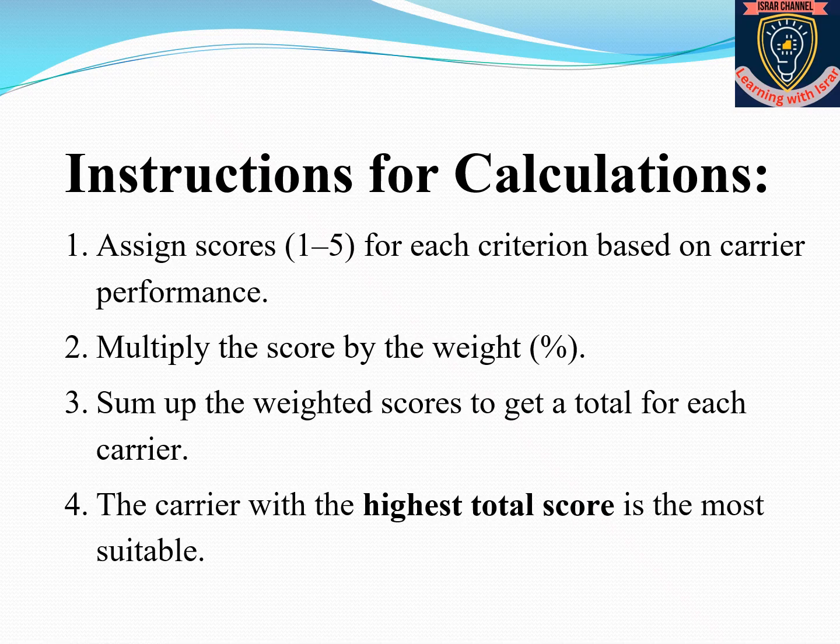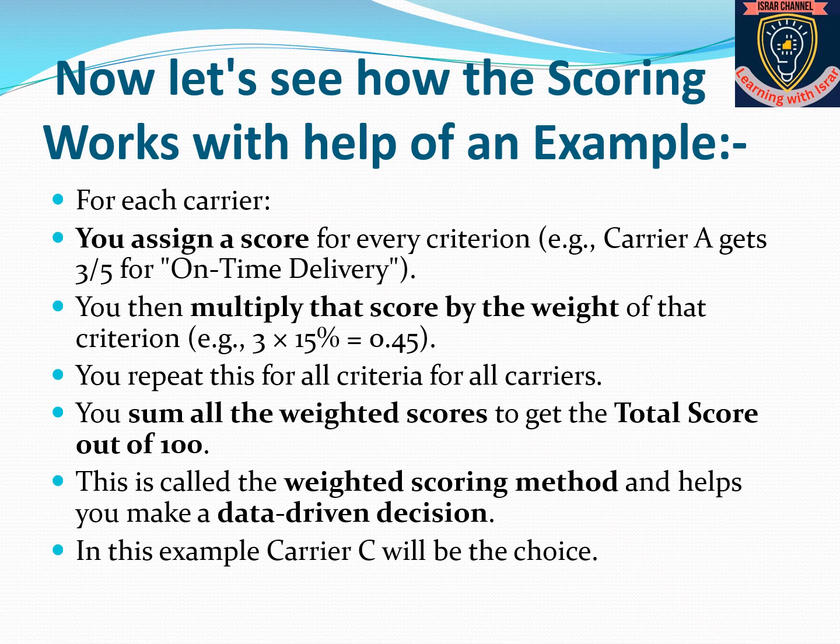Then multiply the score by the weight percentage, and the third step is to sum up the weighted scores to get a total for each carrier. The carrier with the highest total score is the most suitable and you will select that.